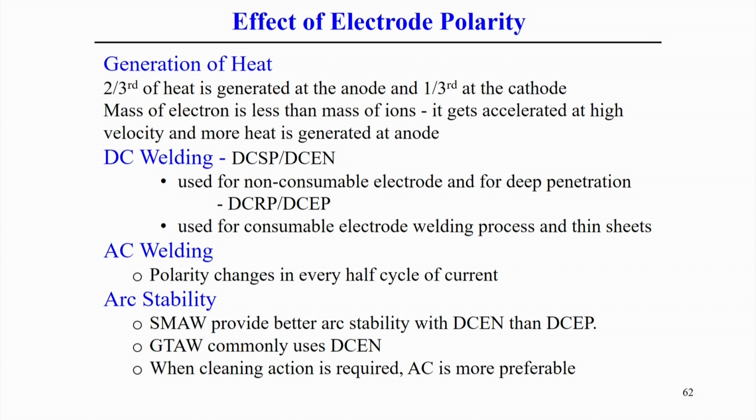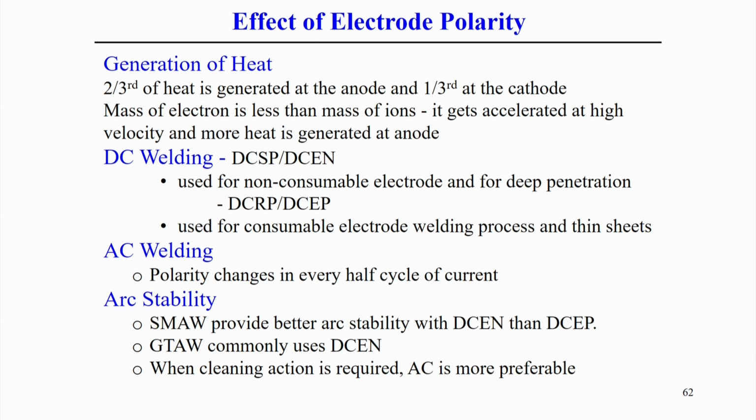Where is this applicable? It is used for non-consumable electrodes and for deep penetration, because when we use DC-EN, the maximum amount of heat is generated on the workpiece.